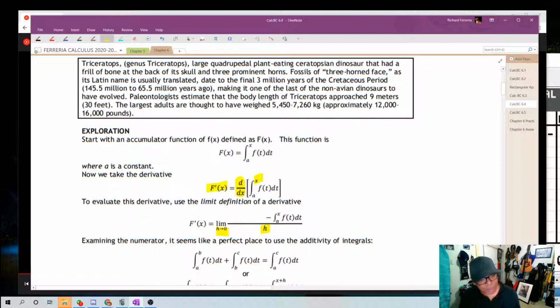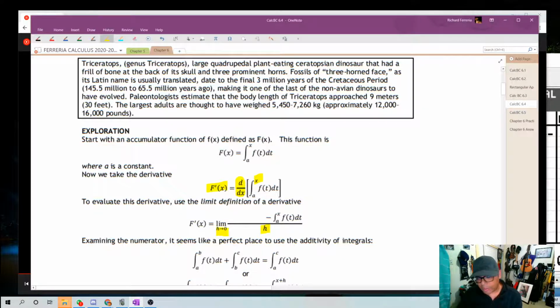But of course, we don't have f of x, we have an integral. So using the word f is probably confusing here. We're going to substitute x plus h for our upper limit, and then subtract the integral with x as the upper limit.